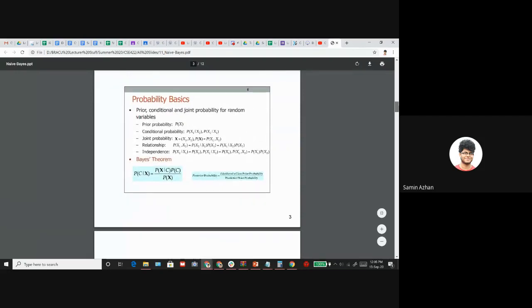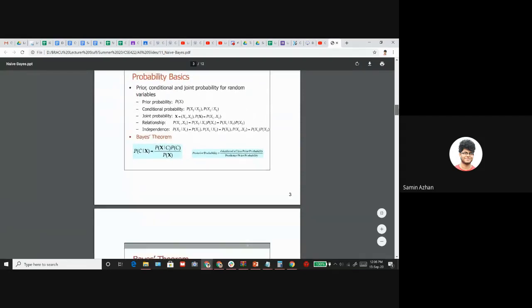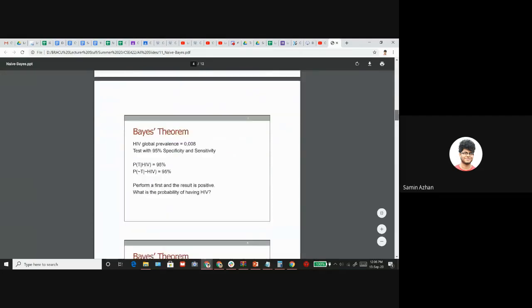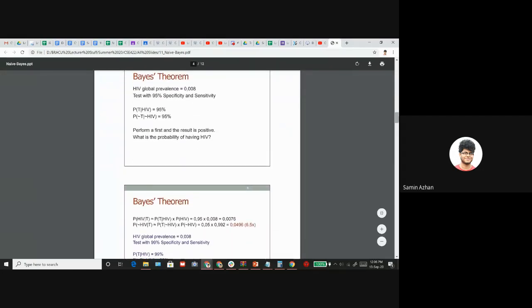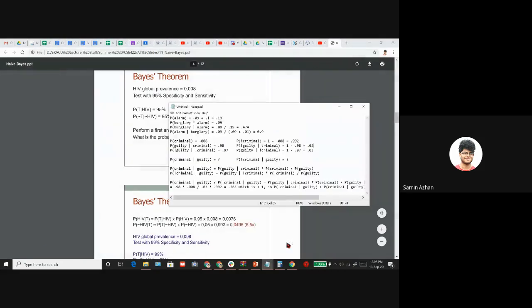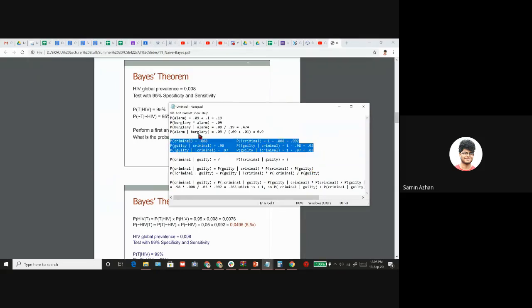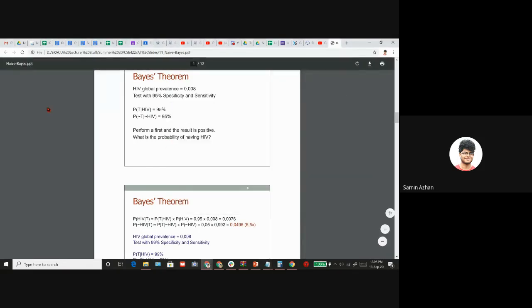There are again some basic probability theories, and there's also an example which is very similar to the one we did on criminal and guilty. Let's quickly look at this in case you face confusions later on.